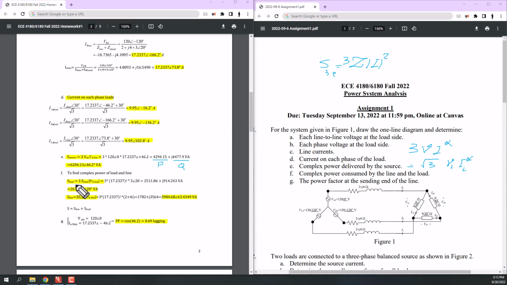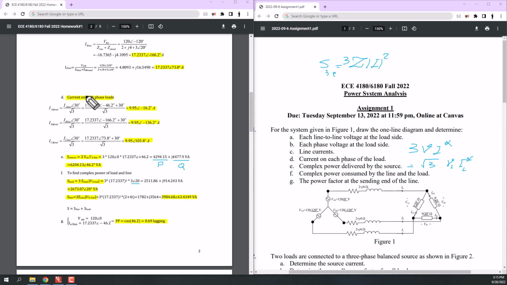So for load complex power, we can write 3 multiplied by load impedance multiplied by load current. Again, this value is the impedance that we had calculated for the Y connection. So when you're going to write the current, you have to use this current, which is for the Y connection.